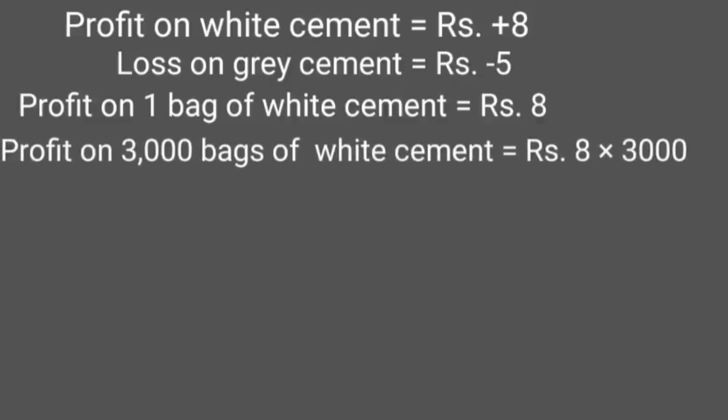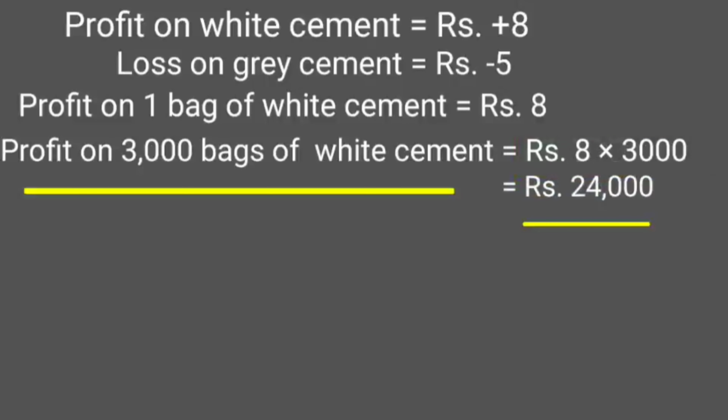Therefore, profit on 3000 bags of white cement is equal to rupees 8 multiplied by 3000. So, 3000 into 8 is 24,000. So, the answer is profit on 3000 bags of white cement is rupees 24,000.